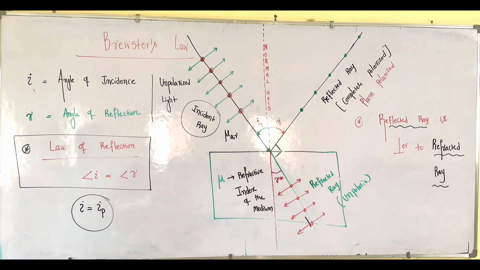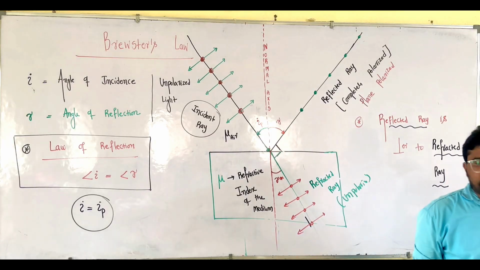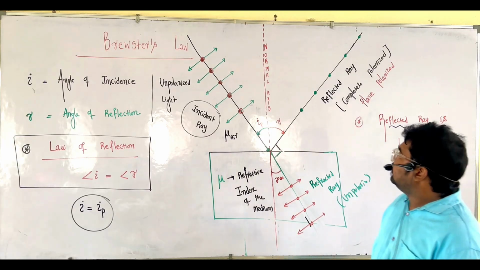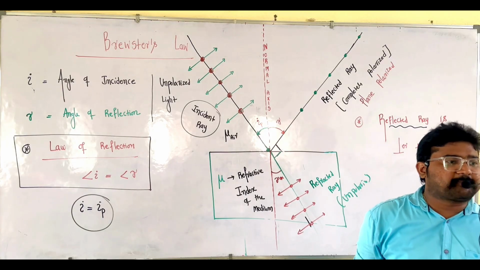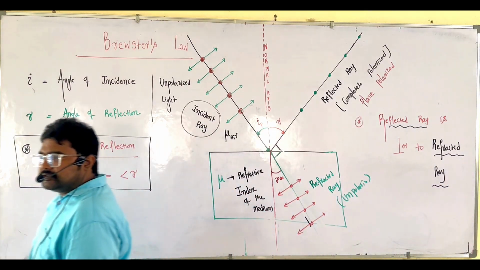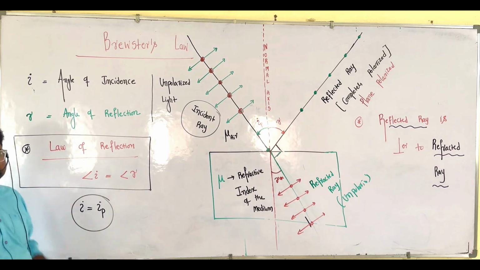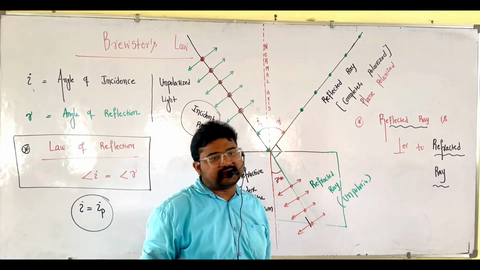What is Brewster's law? Here, the reflected ray is perpendicular to the refracted ray, and the reflected ray is completely polarized, or plane polarized. Clear? This is the law of reflection, different. Brewster's law is different, Snell's law is different.